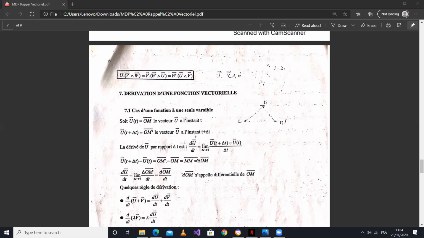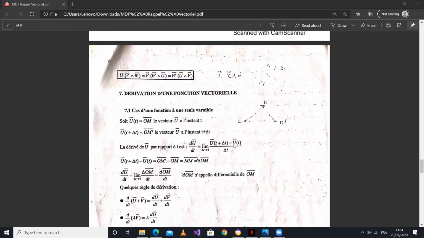And the expression we normally use in calculus at the beginning is this one, du over dt, which is going to be equal to the limit. You are going to do limits in analysis. Limit when delta t tends to 0 of u(t plus delta t) minus u(t), over dt.